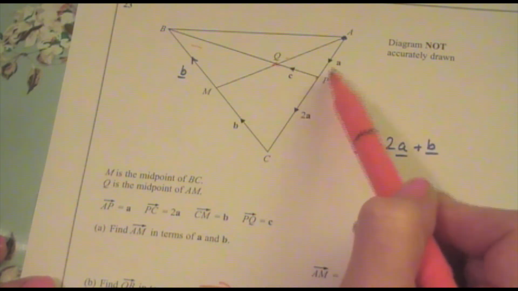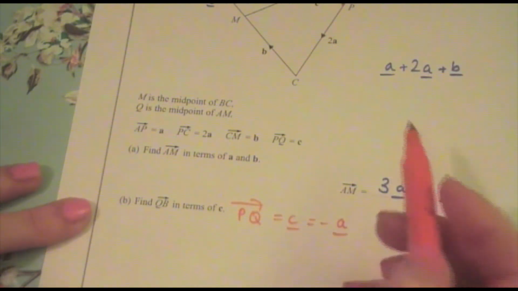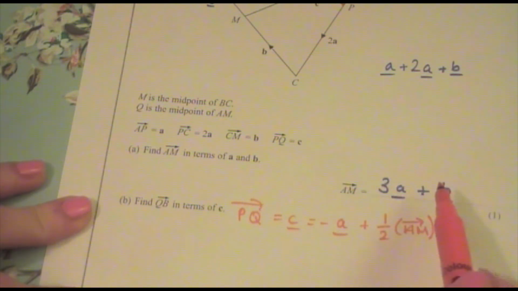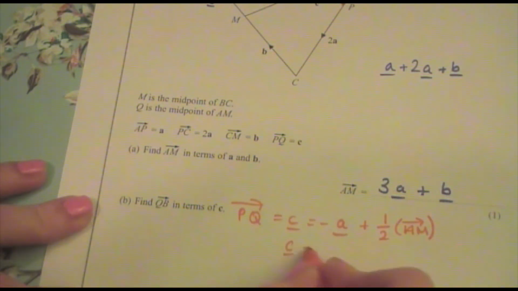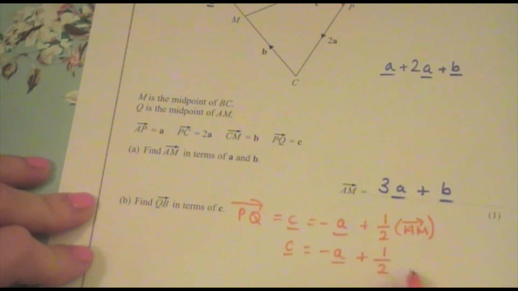So another way of getting from P to Q is I go minus A, and then I add half of the vector A to M, which luckily I worked out in the previous question. So C can be written in terms of A and B as minus A plus a half of 3A plus B.